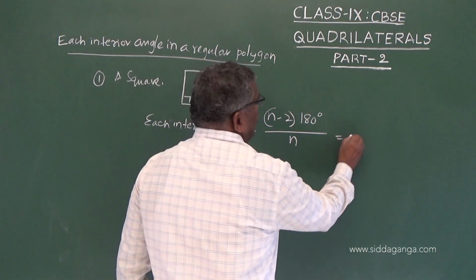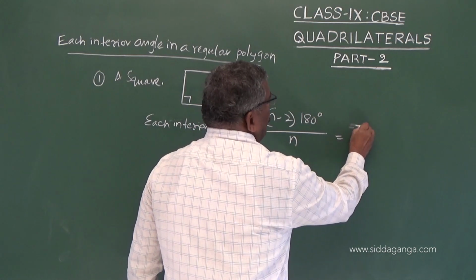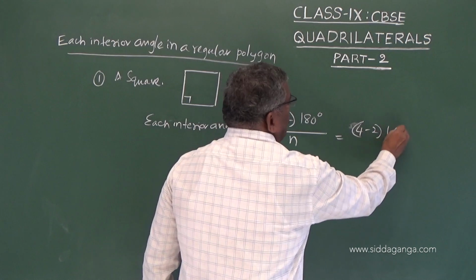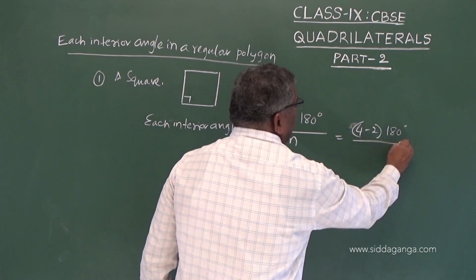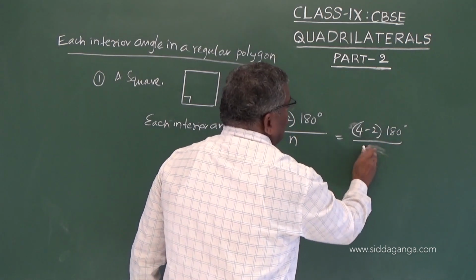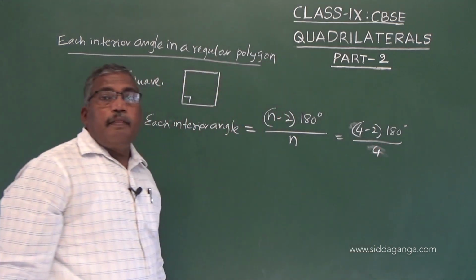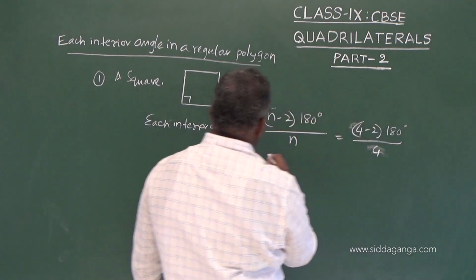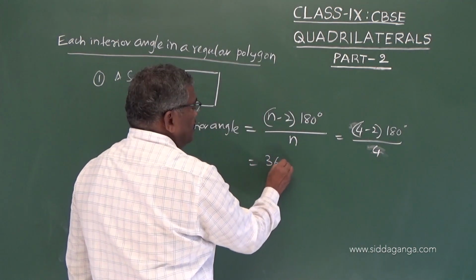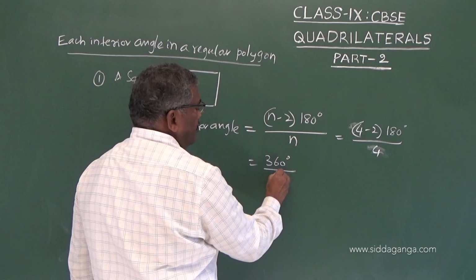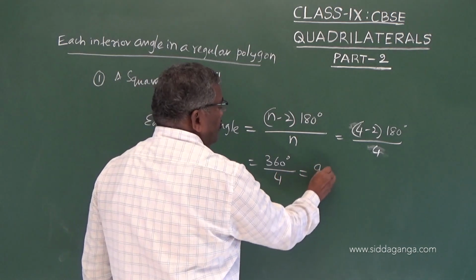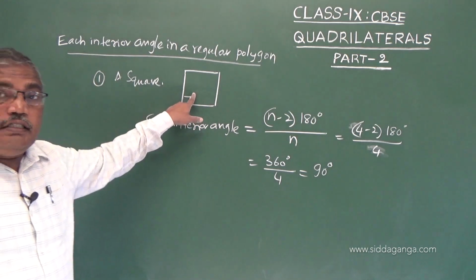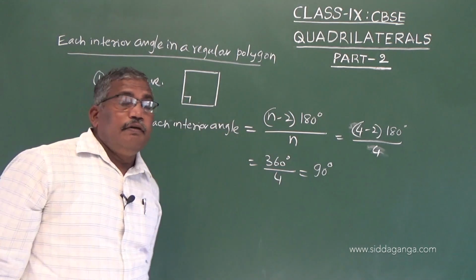So 4 minus 2 into 180 divided by 4. 4 minus 2 is 2, 2 into 180 is 360. So this is 360 divided by 4, it is equal to 90 degree. So therefore, each angle in a square is 90 degree.